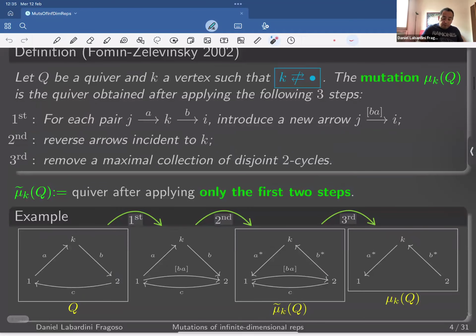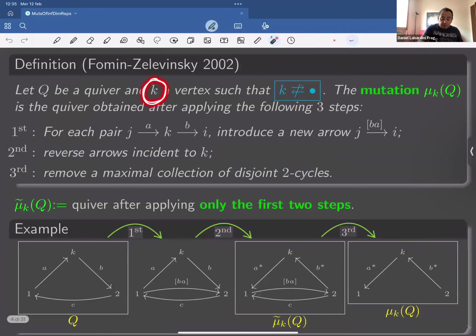Because if k happens to be a sink or a source of the quiver, namely a vertex with the property that no arrows go out from k, or no arrows come into k, then this process of mutation simply reduces to just reversing the arrows incident to k, namely transforming k from a sink to a source or from a source to a sink, and that's it.